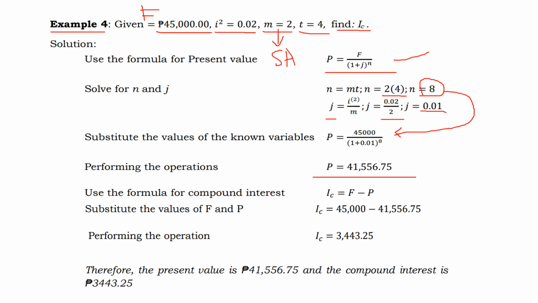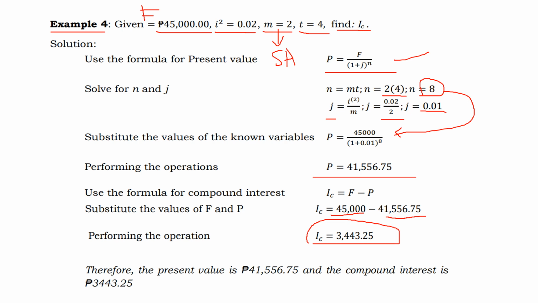Now, for us to get the value of your compound interest, we simply subtract your present value from your future value, so it becomes 45,000 minus 41,556.75 pesos, and the resulting value for your compound interest is 3,443 pesos and 0.25 centavos.